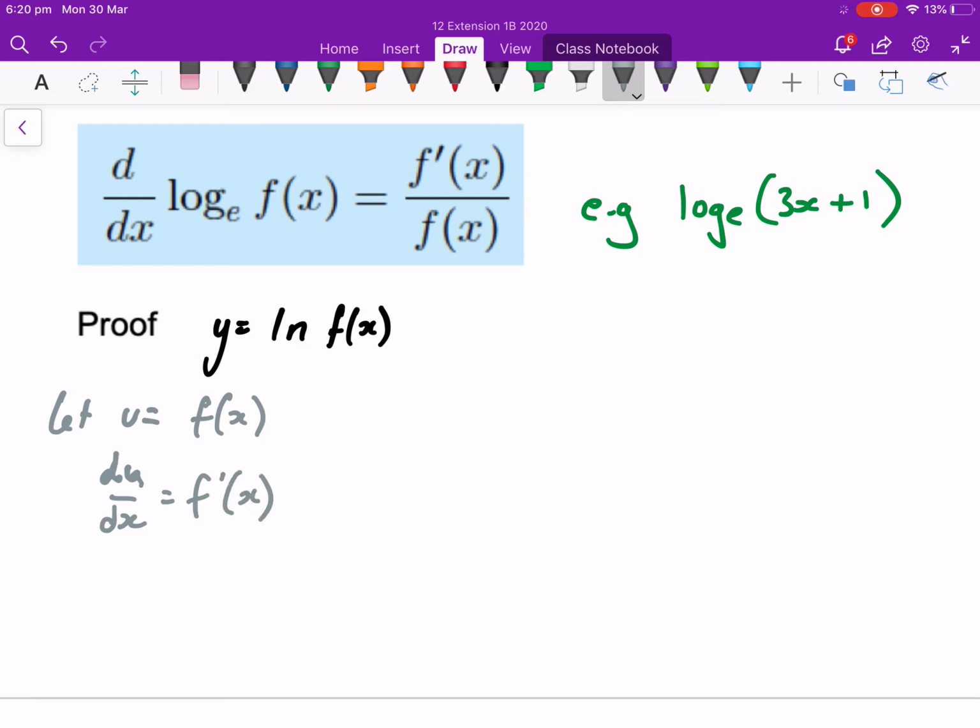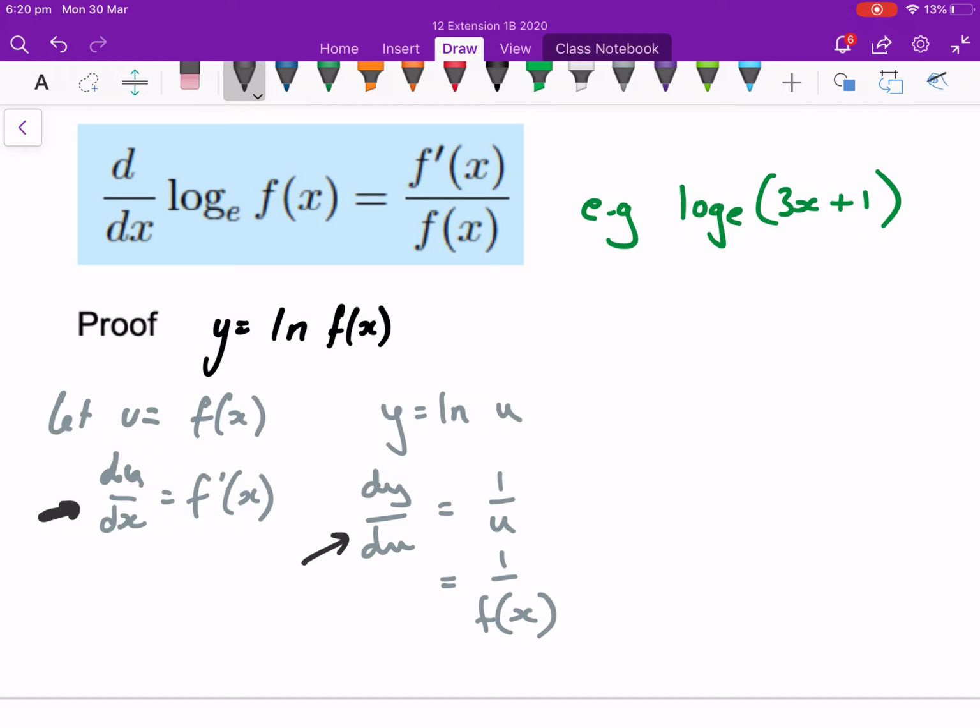Then if u equals f of x, y equals ln u, and therefore dy on du is equal to 1 on u, and u we've already identified as f of x, so that equals 1 on f of x. So now we have an expression for dy on du and for du on dx.